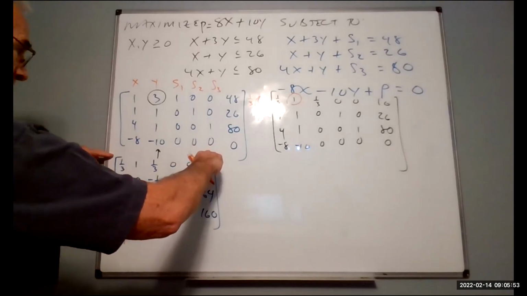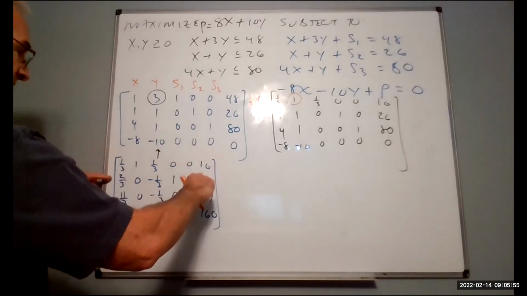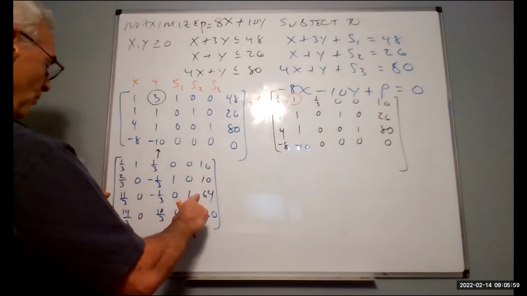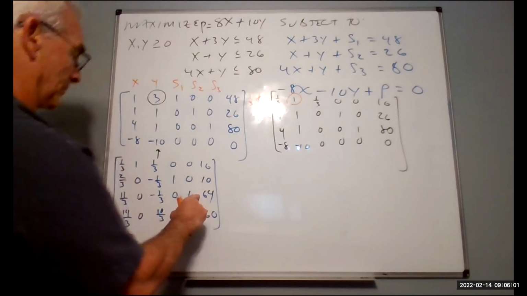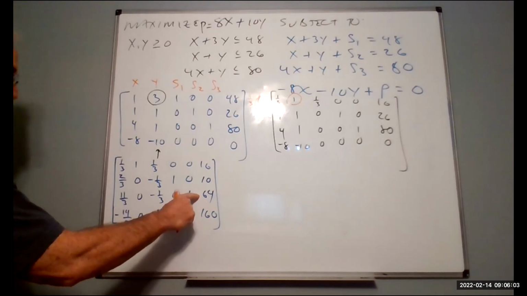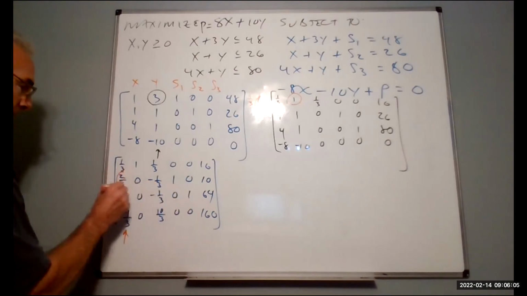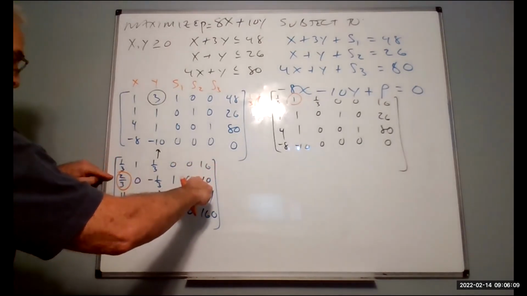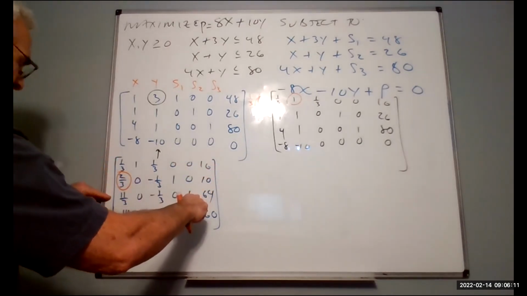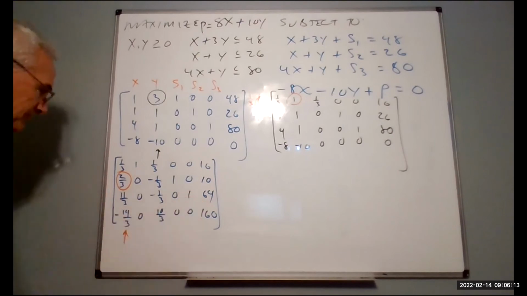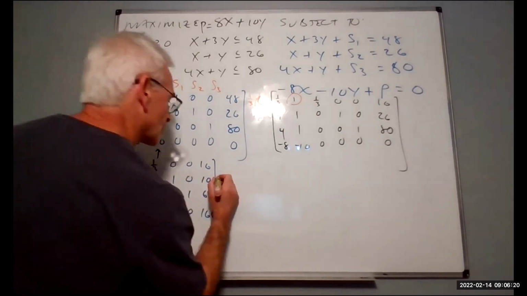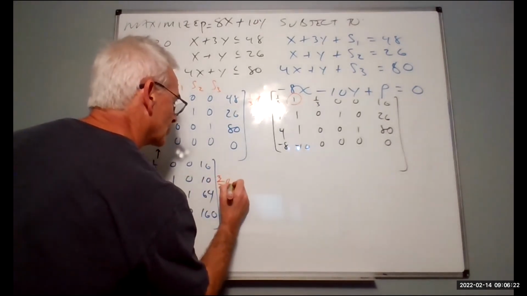16 over 1/3, that's 48. 10 over 2/3, that's 15. 64 over 11/3, that's bigger than 15. So my pivot is going to come from here. Again, that quotient was 48, that quotient was 15, that quotient's like, I don't know, more than 15. Like 17 or something. I need to make that a 1, so I'm going to do 3/2 row 2.